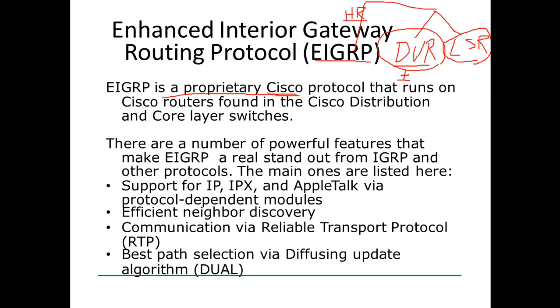And the more thing that you should know about this is there are a number of powerful features that make EIGRP a real standout from IGRP and other protocols. The main ones are that it supports IP, IPX, any latest version, and AppleTalk, via protocol dependent modules.